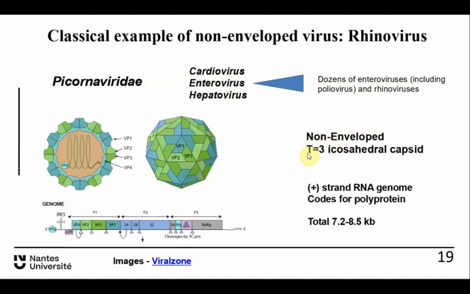So all of these picornaviruses are non-enveloped viruses with a T equals 3 icosahedral capsid, and inside they have a plus strand RNA genome, so they're Baltimore class 4, and the overall length of the genome is maybe 7 to 8 kilobases in length.